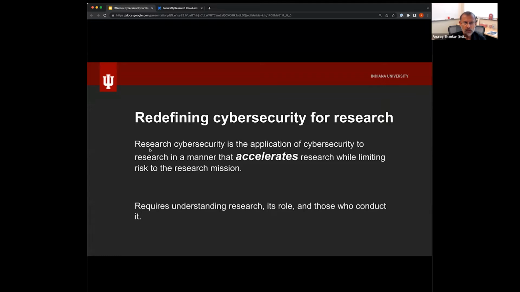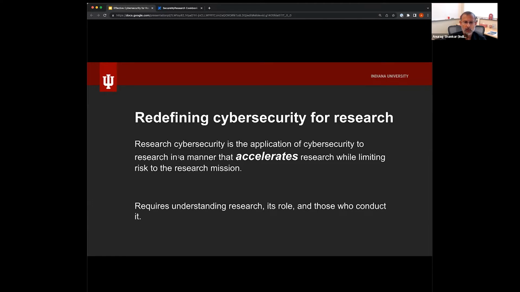Because we knew that we had to approach cybersecurity in a completely different way, we wanted to redefine it, and we wanted to call it research cybersecurity, as a formal term. And not only that, but we also had to make it very researcher-centric. We had to think of all this from the researcher's perspective, because we weren't doing that before, and that wasn't working.